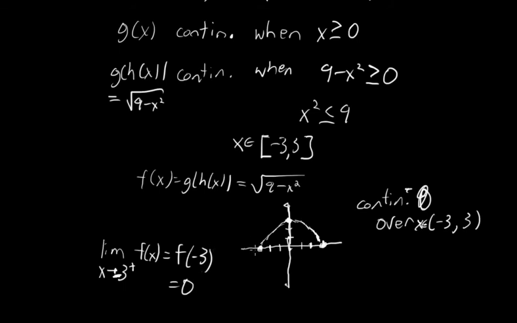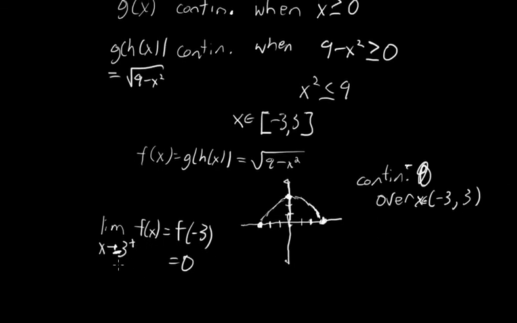Remember, the limit coming in from the left is not defined because this function is not defined for values less than -3. So this function is right continuous at x equals -3.